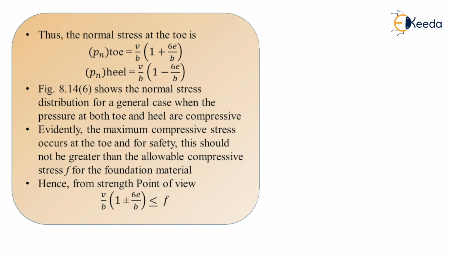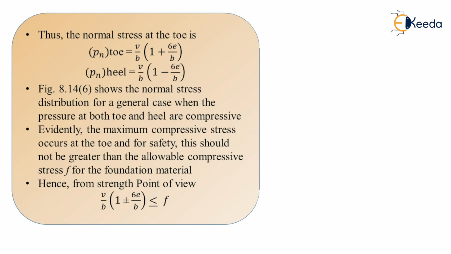I will show that diagram in the next slide. According to the diagram, for the general case of normal stress distribution, when the pressures at both toe and heel are compressive, the maximum compressive stress occurs at the toe, and for safety this should not be greater than the allowable compressive stress for the foundation material.